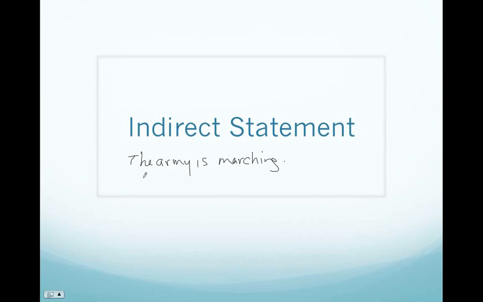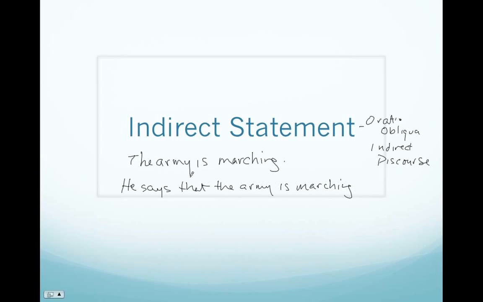I'm saying it directly. Indirectly, though, if we change this, an indirect statement is sometimes called oratio obliqua or indirect discourse. And we could say this, the army is marching, indirectly by saying, he says that the army is marching.